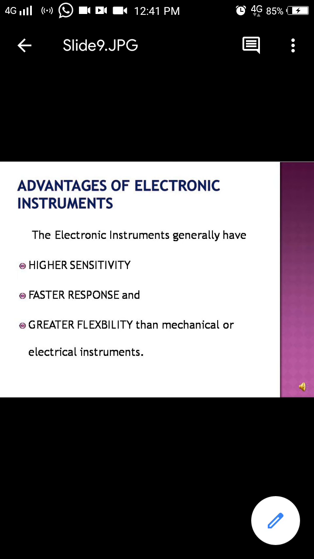Now, we'll discuss the advantages of electronic instruments. Electronic instruments generally have higher sensitivity, faster response, and greater flexibility than mechanical or electrical instruments.